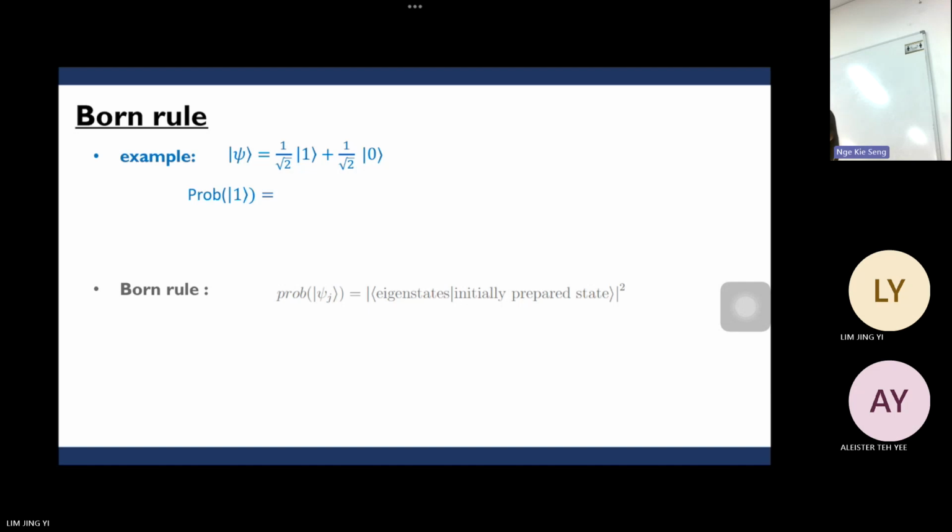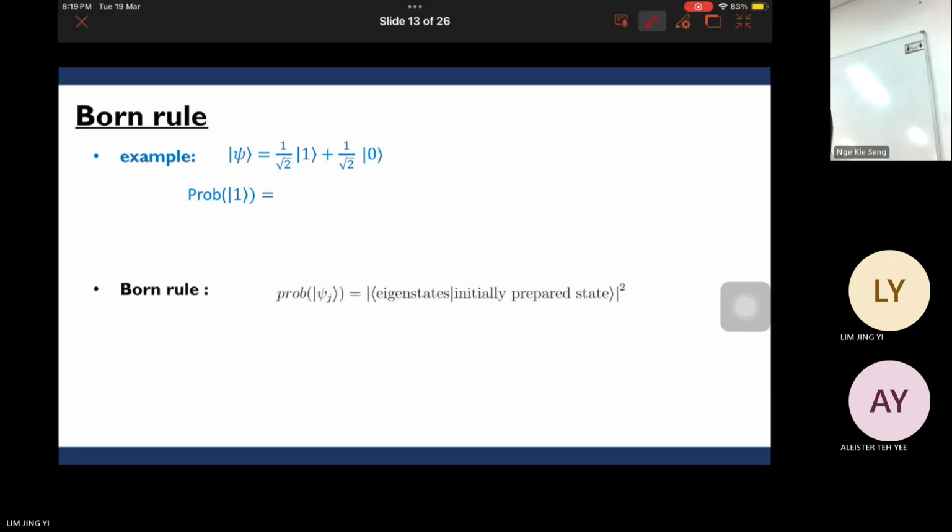And then next we move on to how we determine the probability of finding a state in eigenstates. Given, for example, a state that is prepared in these states, it's normalized, so there's a 1 over square root 2. How do we actually determine the probability? It's by taking the absolute square.